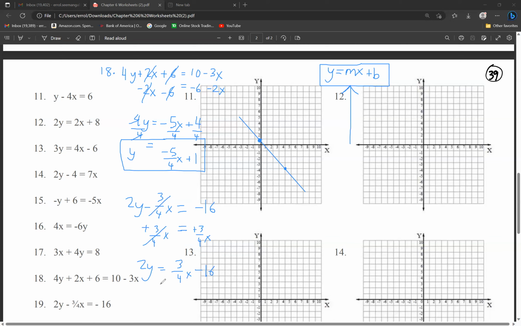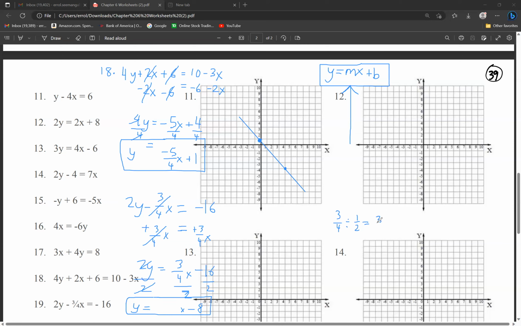Then we're going to divide both sides by 2. So divide that by 2, divide that by 2, and divide this by 2. That'll cancel. So what is 3 over 4 divided by 2?